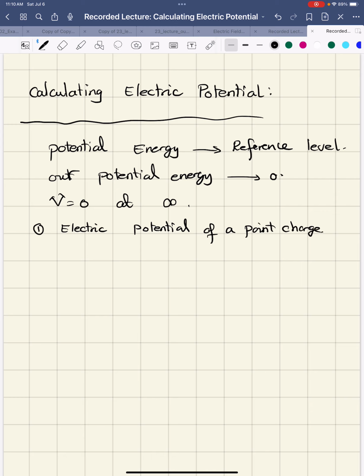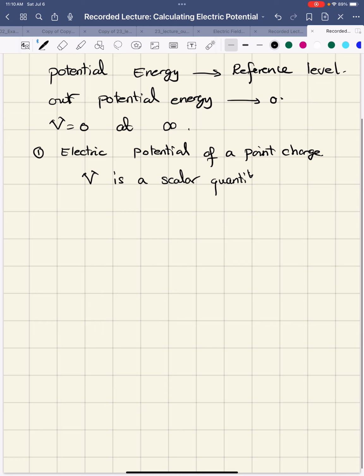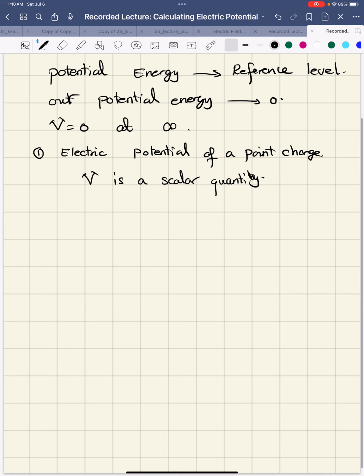Remember, electric potential is a scalar quantity, which means it does not have a direction.